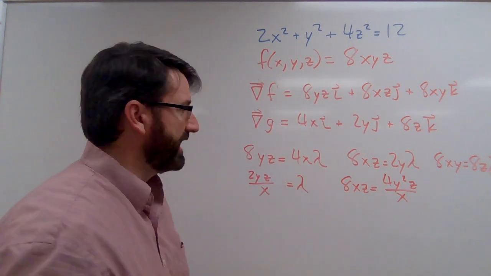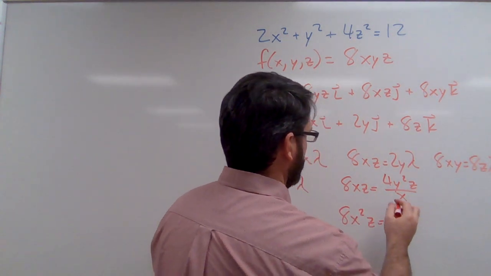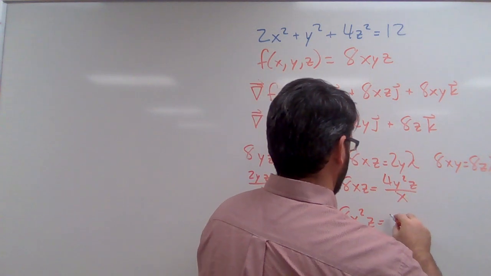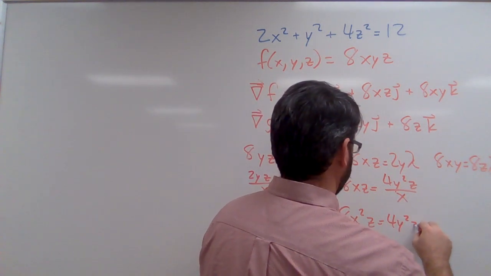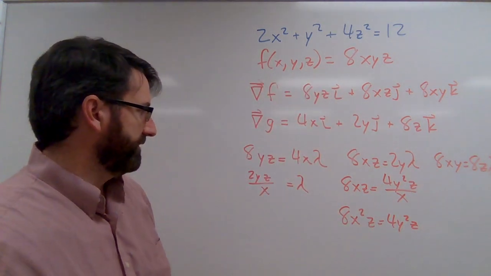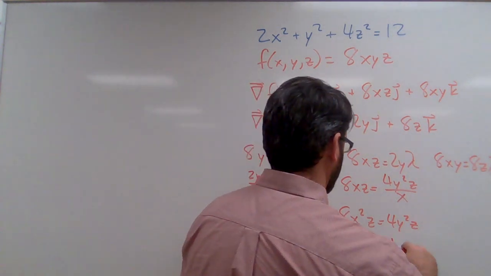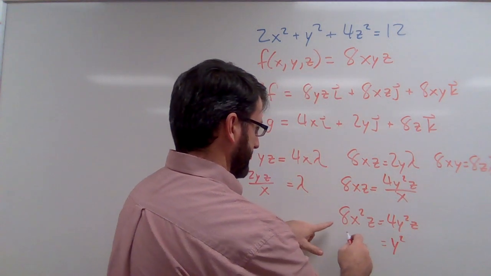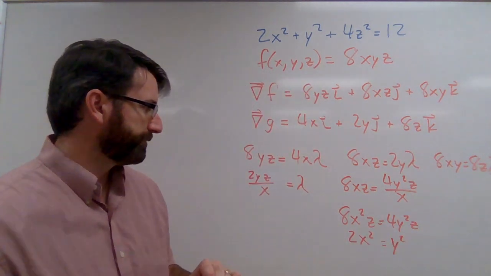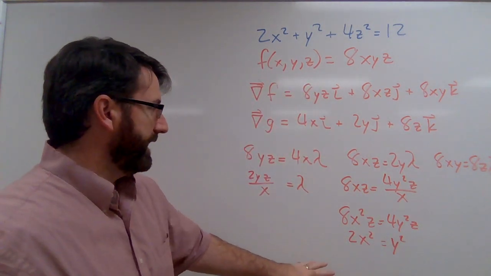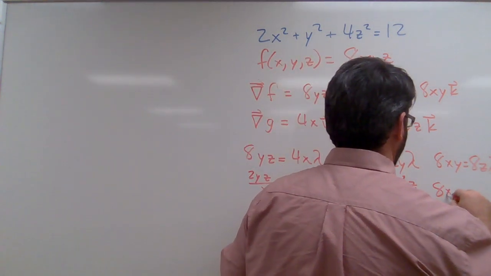Then if we multiply both sides by x, we get 8x squared z equal to 4y squared z. If we divide both sides by 4z, we get that y squared is equal to 2x squared.